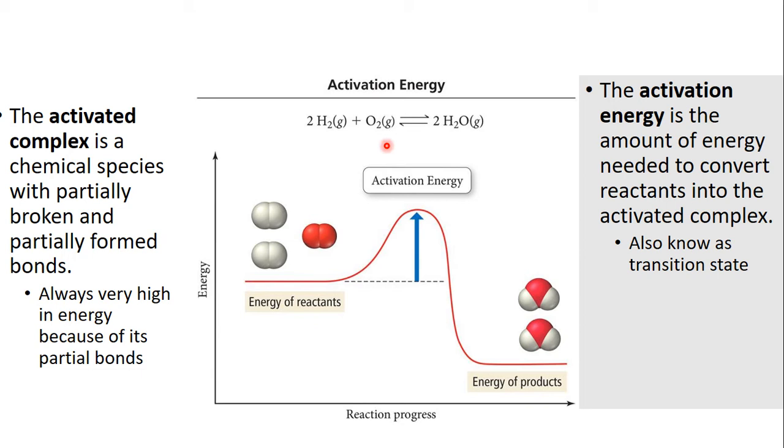So once you get to the very top of the activation state, the activation energy, you're going to go down and make your products. And in this reaction, it is an exothermic reaction. The products are lower energy than the reactants. Since energy can never be created or destroyed, that energy was released out into the universe.